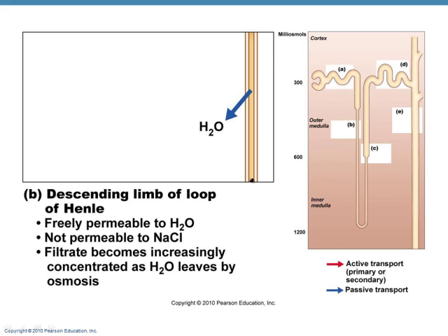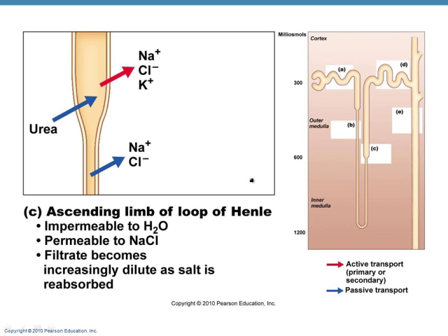So what do you think I have to do on the way back up, the ascending loop of Henle? Hold on to the water. Do a little bit of ion balancing, sodium and chloride. Filtrate becomes increasingly dilute as salt is reabsorbed now. So this is where I'm kind of fine-tuning the water.